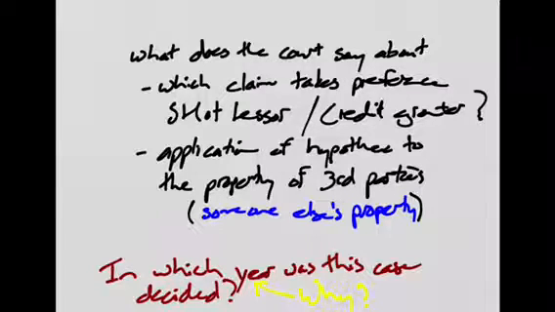And do you think that the application of the court's decision in this case is one that will always be followed? In other words, is there an exception in this case which the court discusses? And what does it say about the application of the hypothec to the property of third parties? In other words, someone else's property.